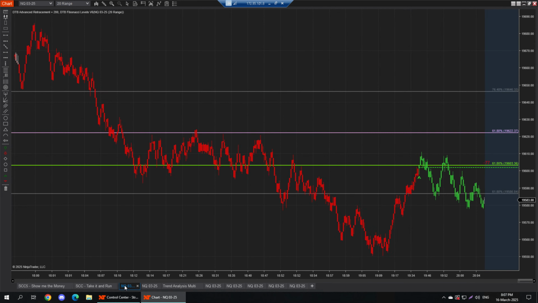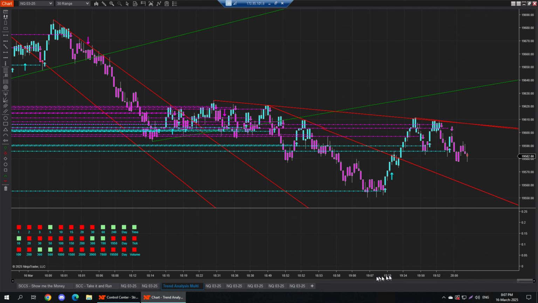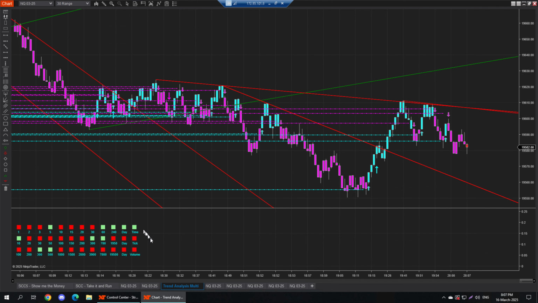Of course, we've got a few of the others over there. That is just our advanced retracement, trend analysis. This is a little bit busier for some people. They might not be crazy about this, but it's drawing a lot of these pennant lines. A lot of these trend lines are being drawn across all different levels, and you'll notice how they also come into effect beautifully. And with bar coloring, of course, you've got all your volume analysis at the bottom over here, which we covered on a previous call.